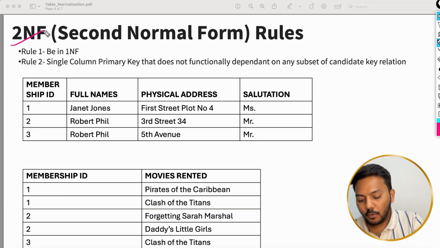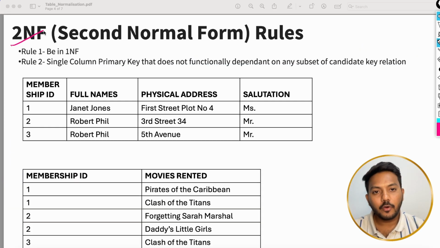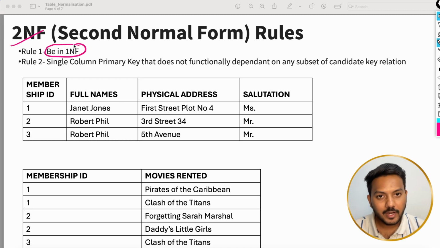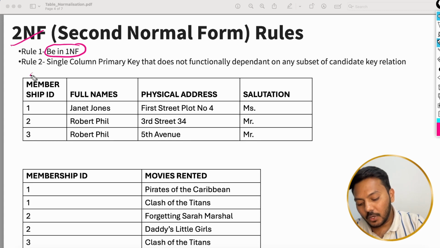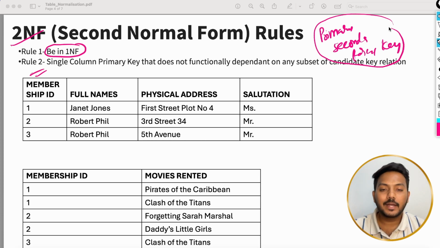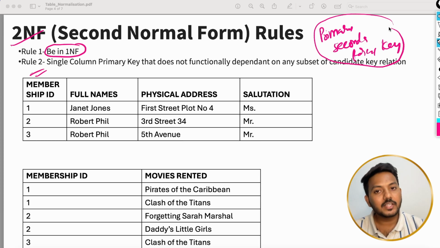Now let's talk about 2NF, the second normal form. The rules are very simple. The table should already be in 1NF, and the second rule is you should start incorporating primary keys and secondary keys, or maybe foreign keys. You have learned about primary key, foreign key, and composite key in the previous video, right?